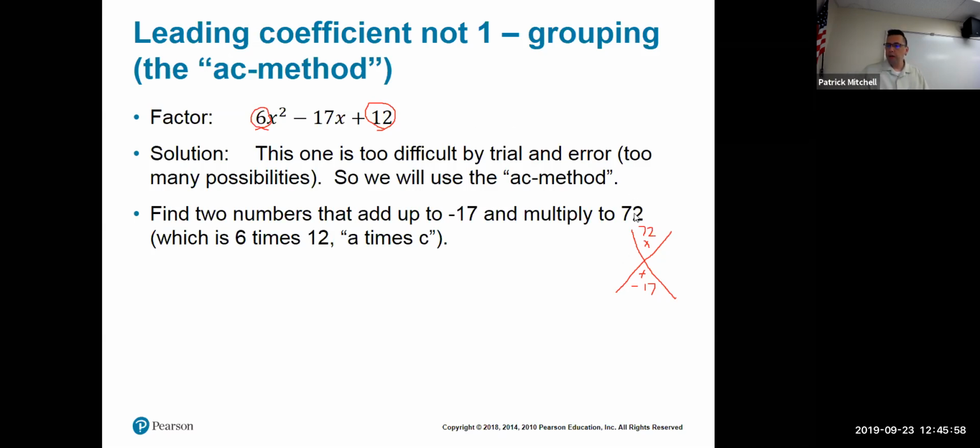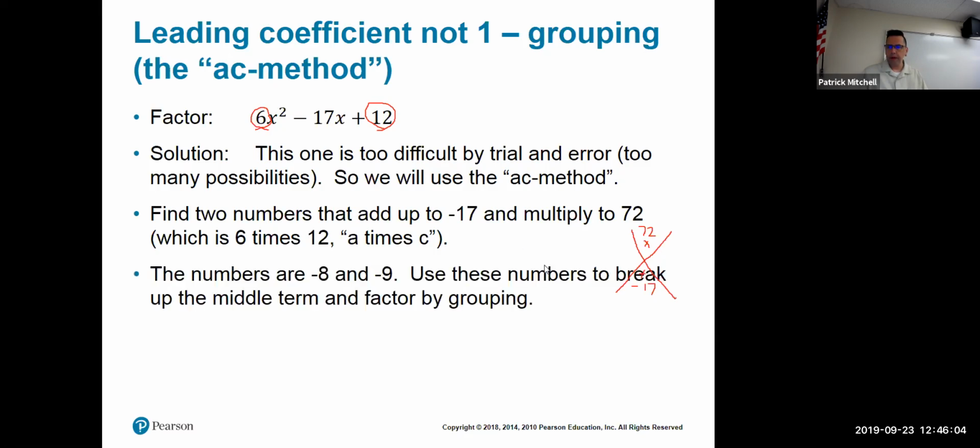So you think about that, and you think about it, and eventually you come up with -8, -9. Those are the two numbers that add up to -17 and multiply to +72. So sometimes they will write those numbers over here. Again, I don't know how much this part really helps.